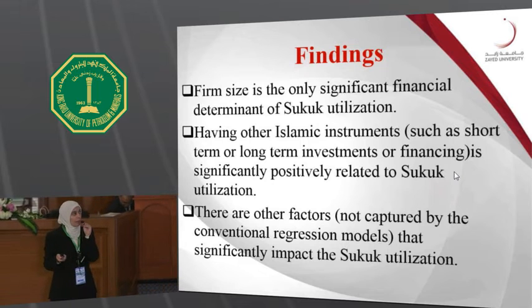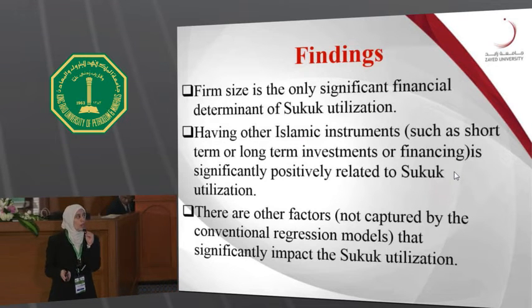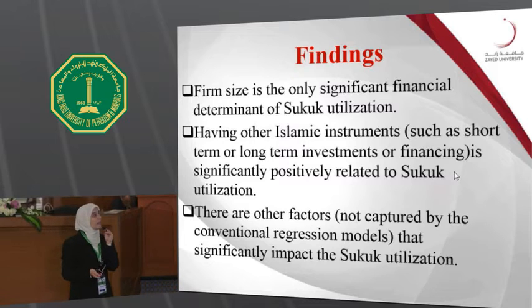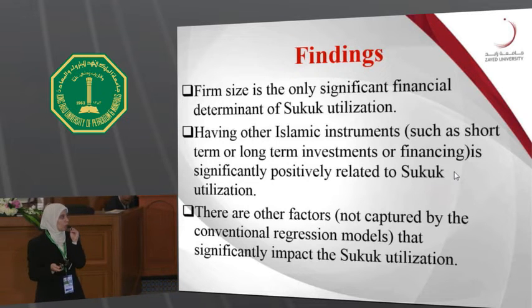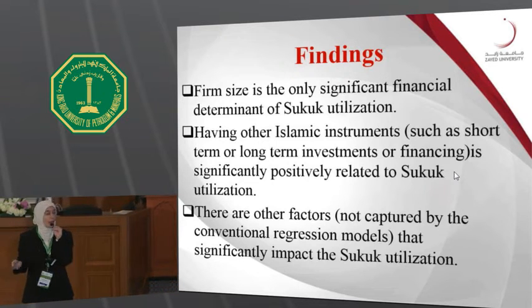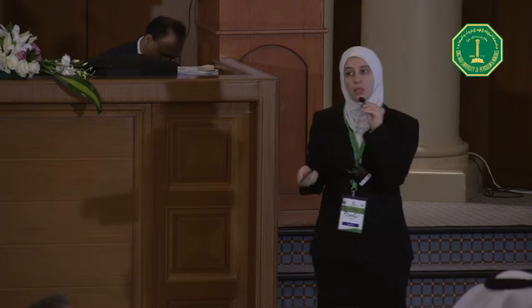Having other Islamic instruments, such as short-term or long-term investments or financing, is significantly positively related to sukuk utilization. But there are other factors that are not captured by the conventional regression models, which significantly impact sukuk utilization.